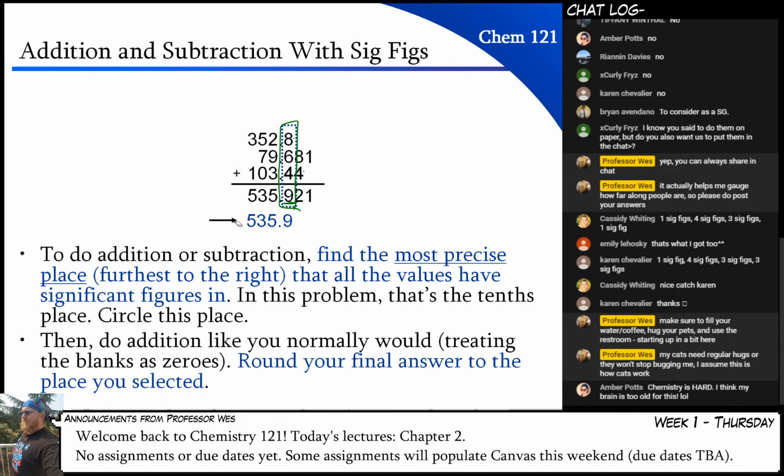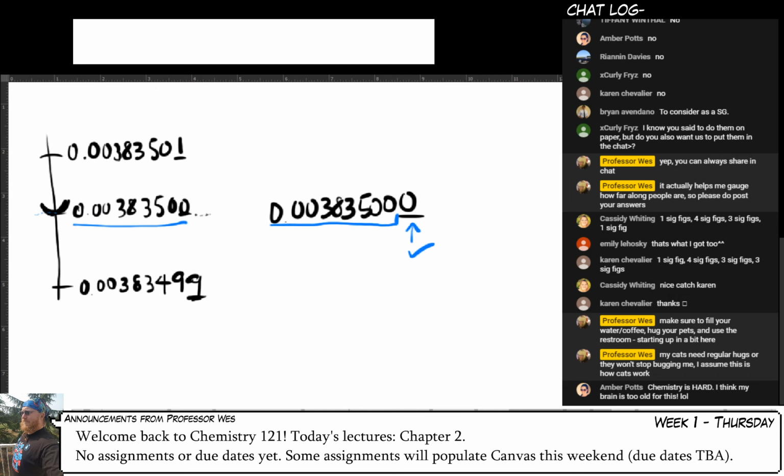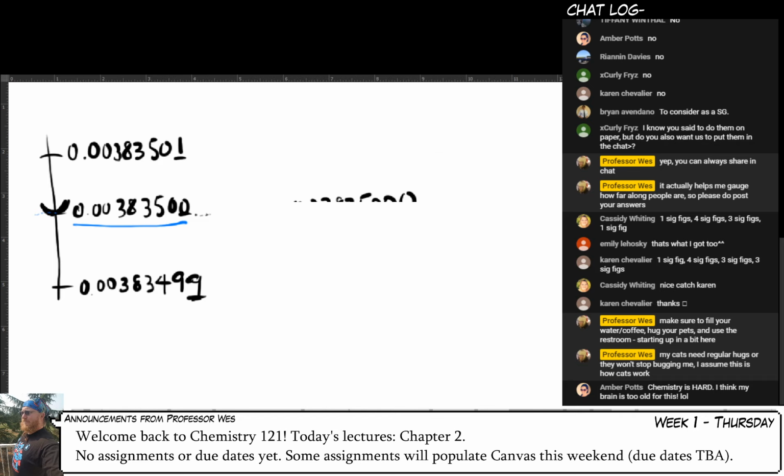All right, let's do some examples, and we'll do this process a few times. What is this calculation? So what I'm going to do is first I need to find it wherever it is in my thing there. There it is.